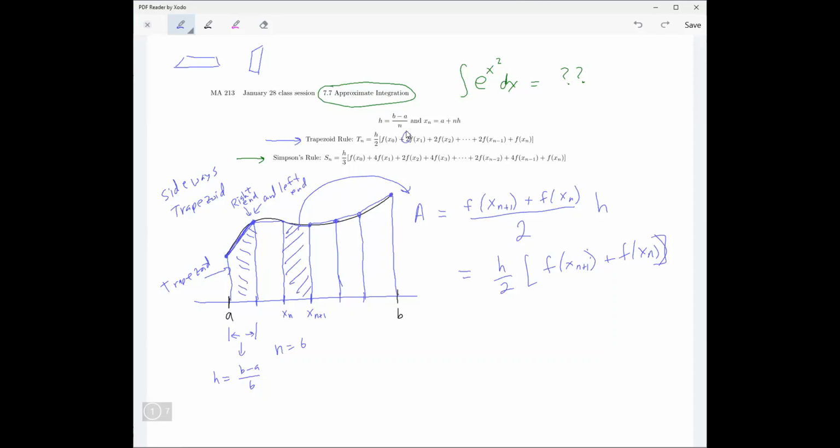So that gets counted twice. That's why there's that 2 there. This point is only the left-hand point of the first interval, and so it only gets counted once. So that's the pattern. And then there's h over 2. This h over 2 is this piece here. So there's the first one plus 2 times the second one, and so on, like that.